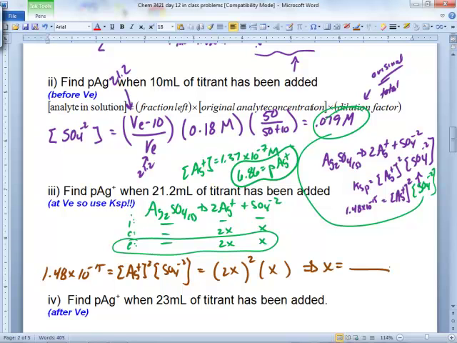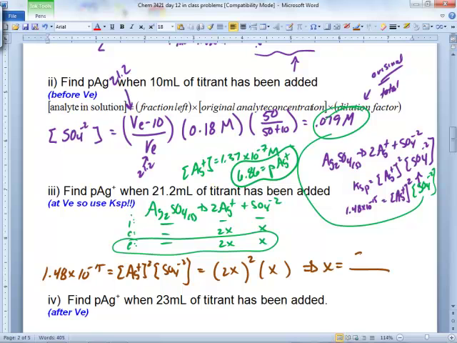So we're going to take the 1.48 times 10 to the negative 15, divide it by 4, and take the cube root. There it is. 7.18 times 10 to the negative 6.